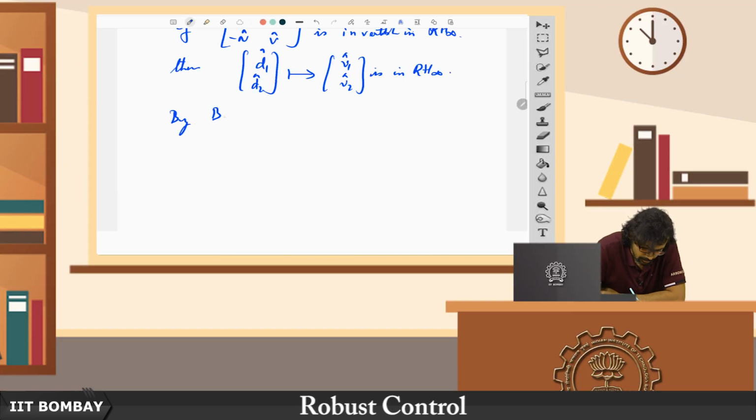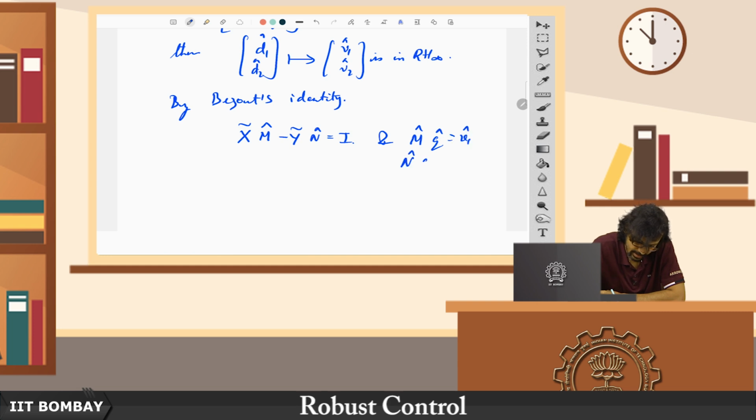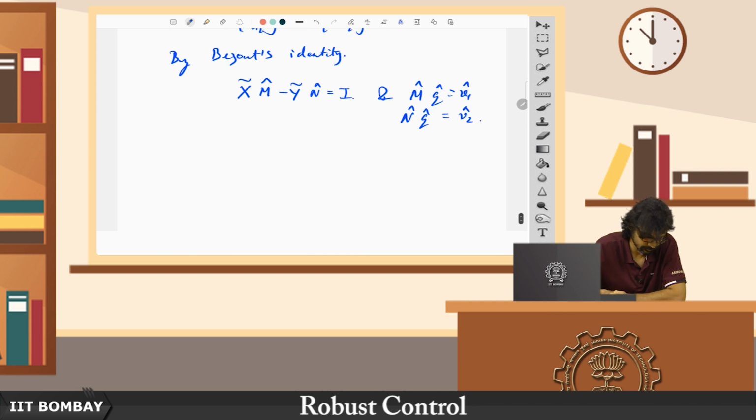By again our old faithful Bezout's identity, what do we have? We have the fact that x tilde m hat, this is the left factorization, minus y tilde n hat is equal to identity, and already we have seen that m hat q hat is equal to v1 hat, n hat q hat is equal to v2 hat.